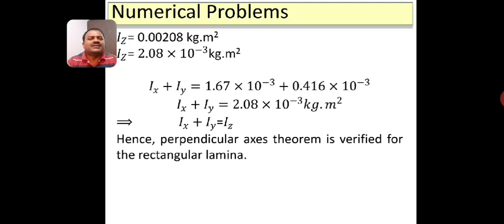And we have calculated the moment of inertia about the z axis, which is perpendicular to the plane and passing through the intersection of these two axes, as 2.08 into 10 raised to minus 3 kg meter square. So from this it is very clear that Ix plus Iy is equal to Iz. So therefore the perpendicular axis theorem is verified.